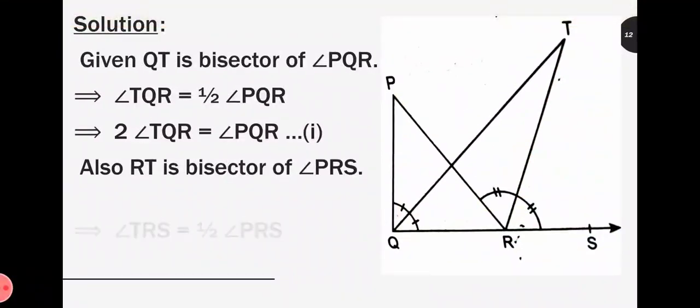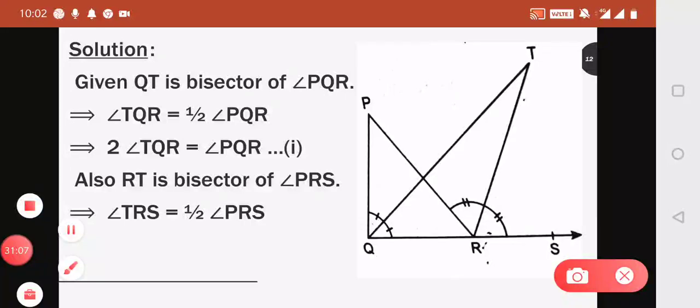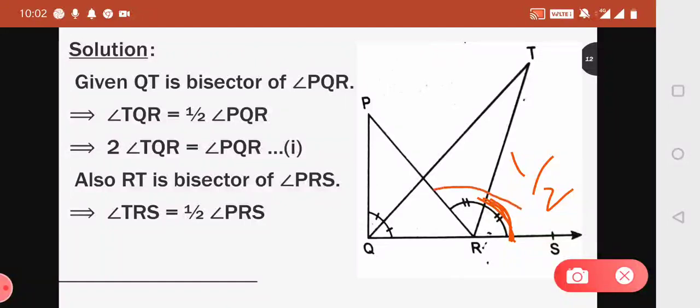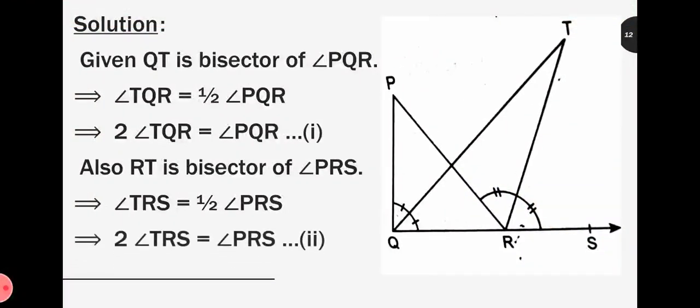We use the same approach here also, which implies that angle TRS equal to half of angle PRS. Transposing 2 to that side, we get twice angle TRS equal to angle PRS.